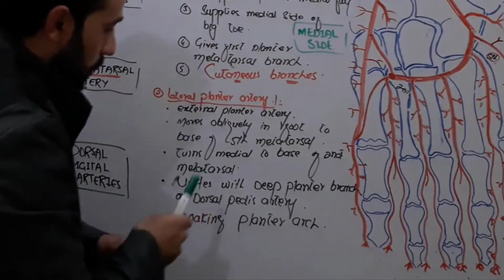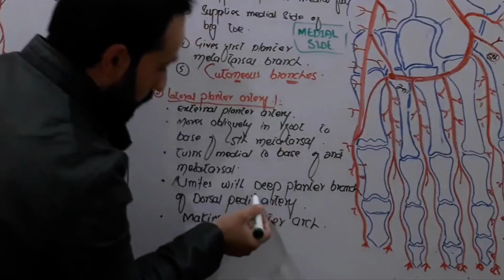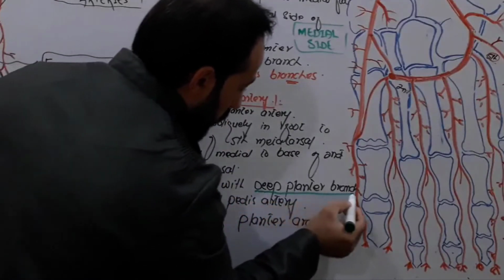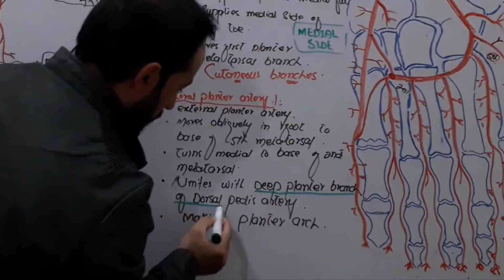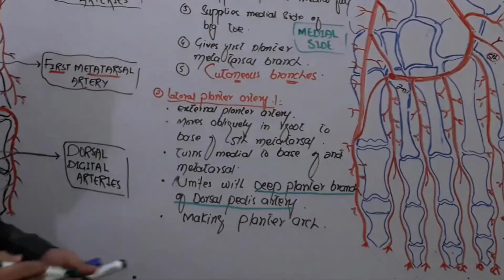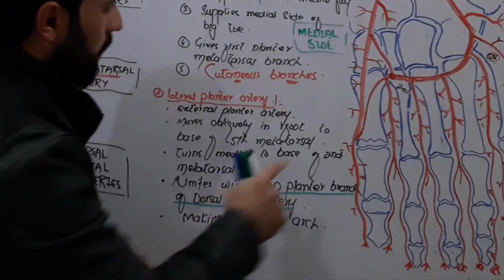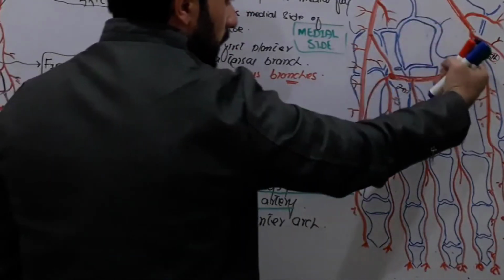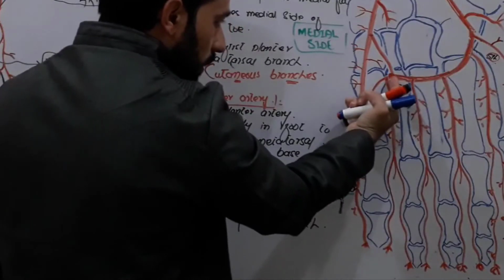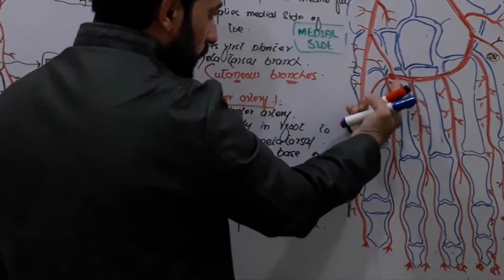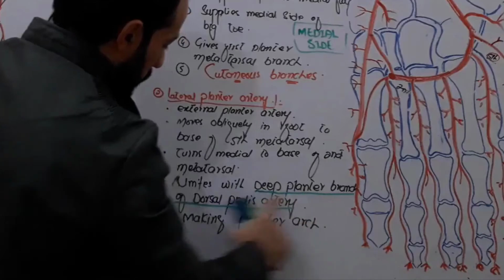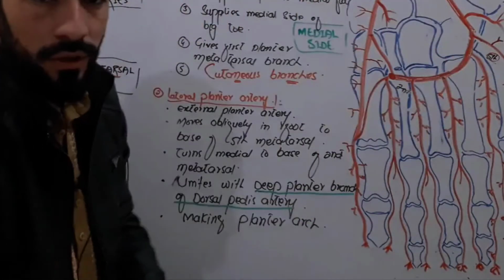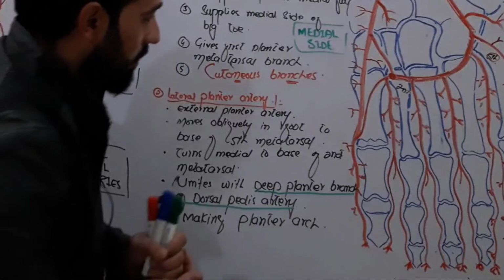So look, about this detail, I'm going to mention the name of that artery. This is our deep plantar branch of dorsalis pedis artery, right? So this medial turnover of this lateral plantar artery unites here with the deep plantar branch of the dorsalis pedis artery and completes the plantar arch, right?